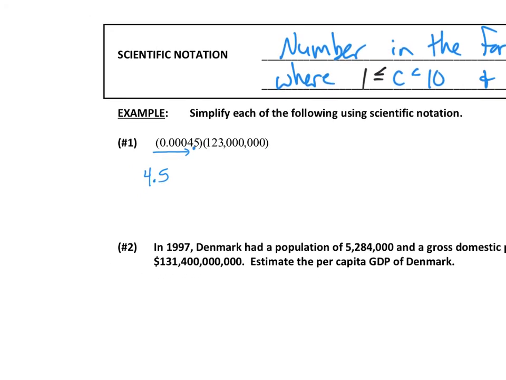What that does is it gets it in between 1 and 10. Then we're going to put times 10, and 10 is going to go to an exponent. It's going to be either negative or positive. And so if we are moving to the left, which we would go to the left 1, 2, 3, 4, that means it's going to be to the negative 4th power.